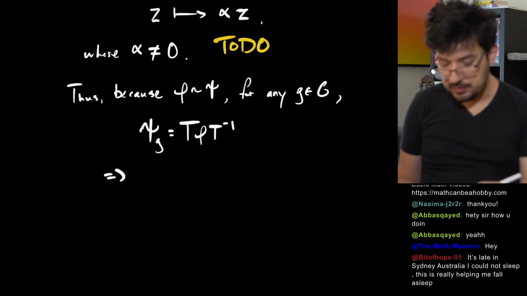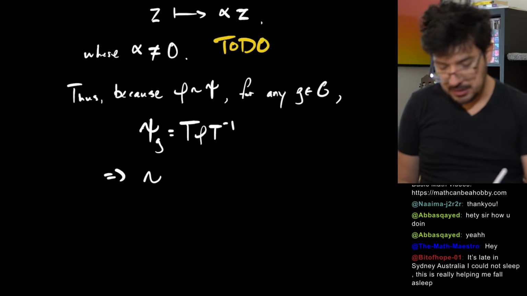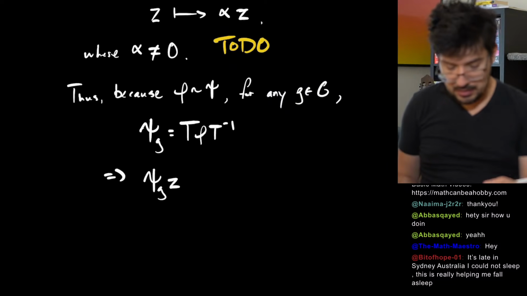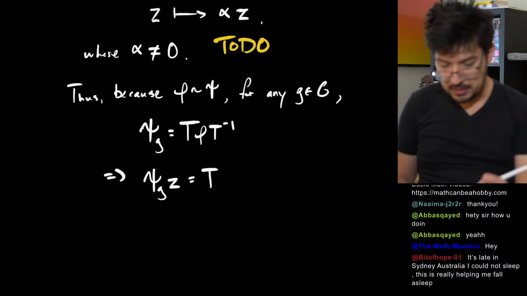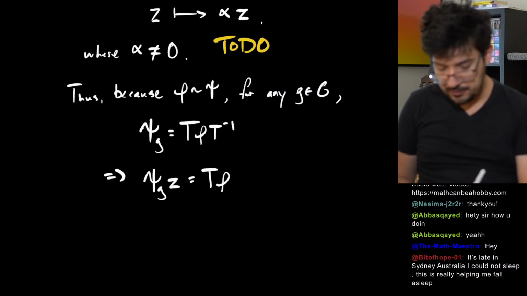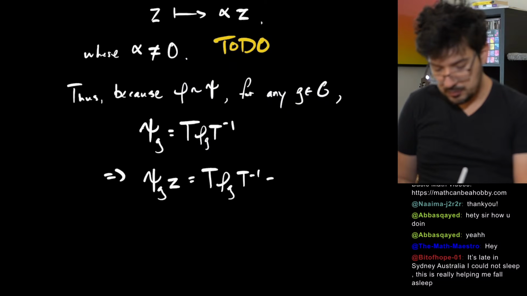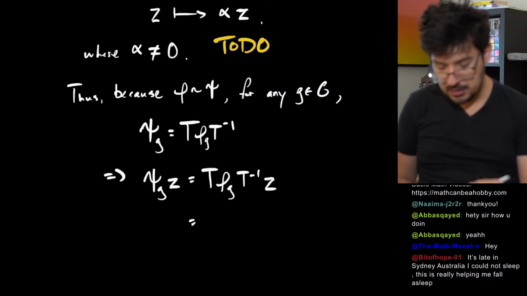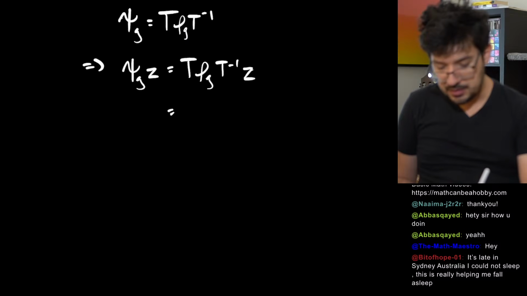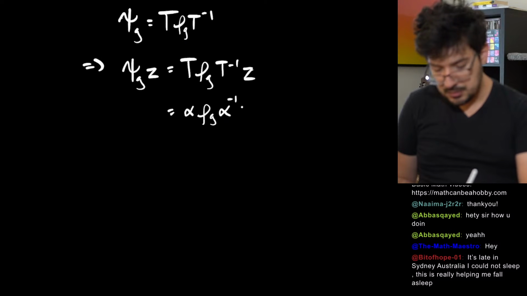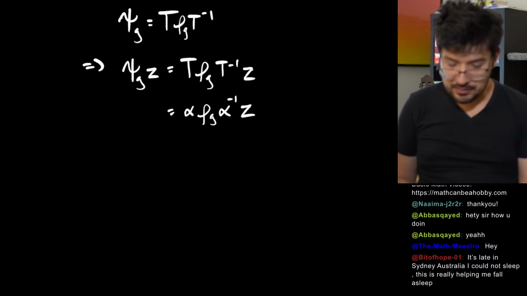And because T is multiplication by a complex number, first let's write the statement for a specific point z, for a specific number. And now we know that we have this.